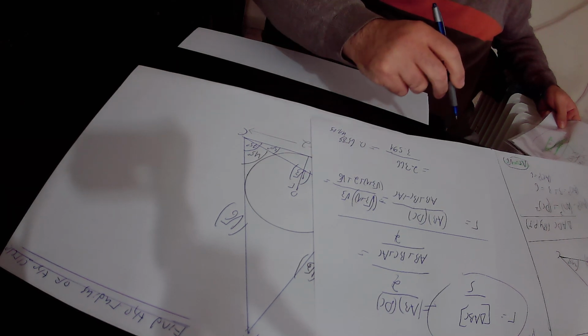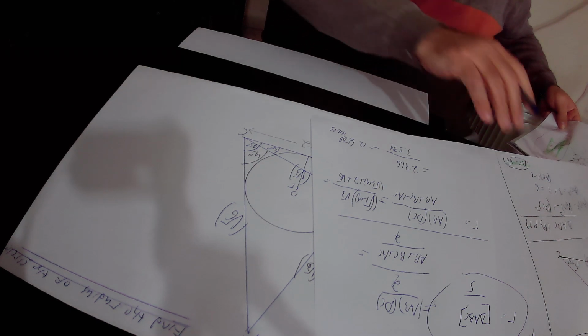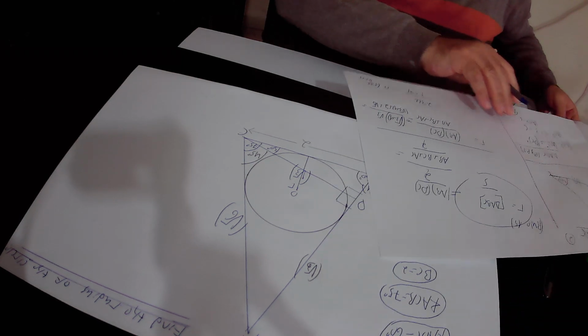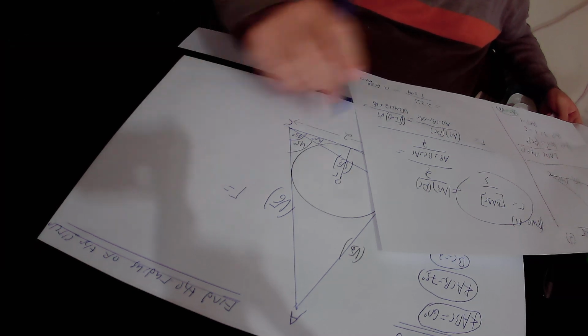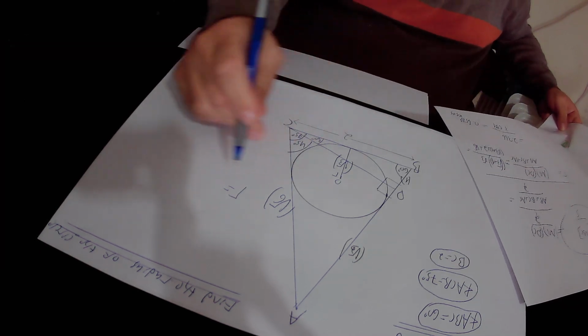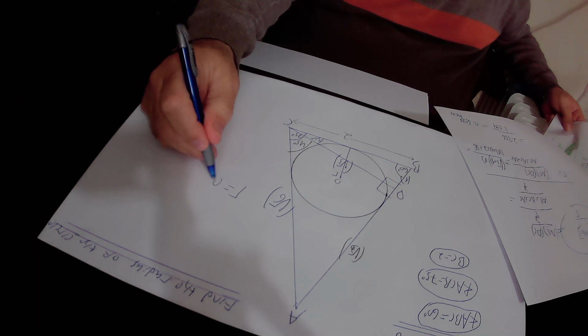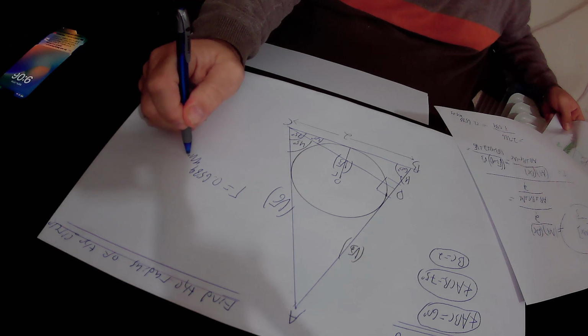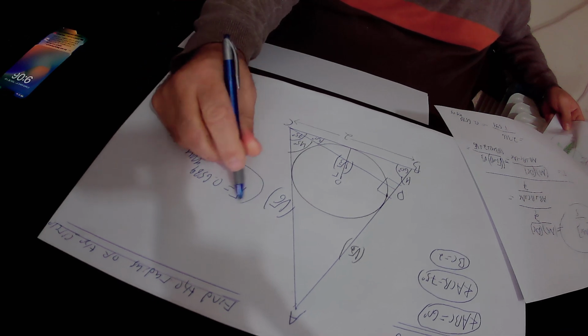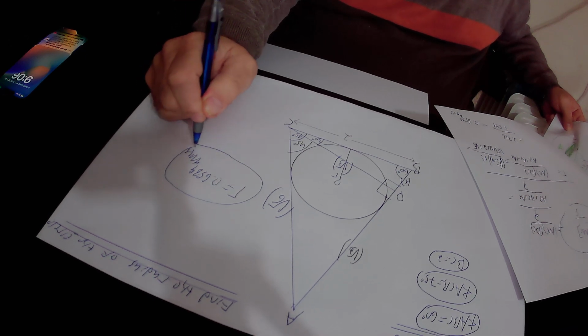In conclusion, we found out that the radius of this circle that is described by triangle ABC equals 0.6589 units. Okay, that is the answer to the question.